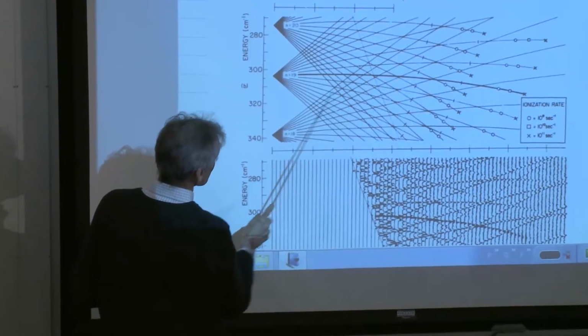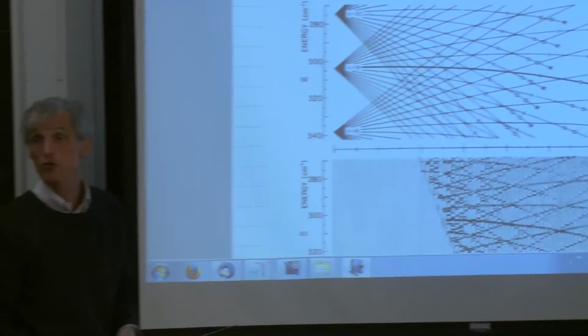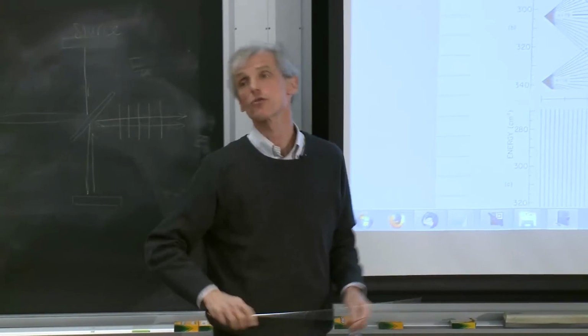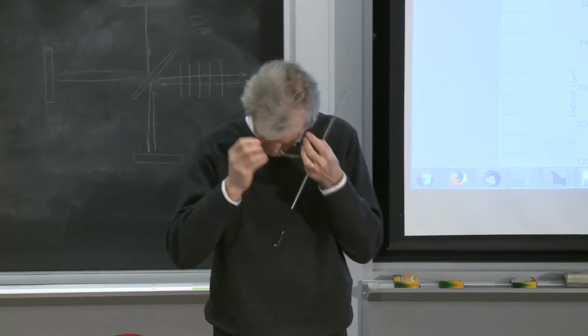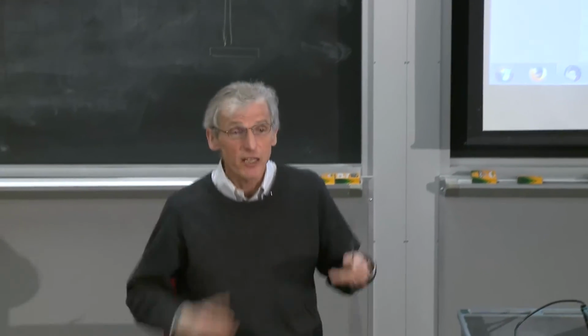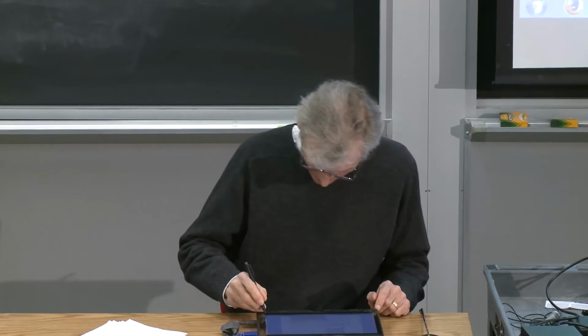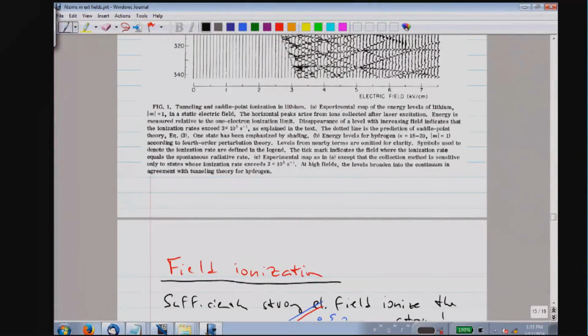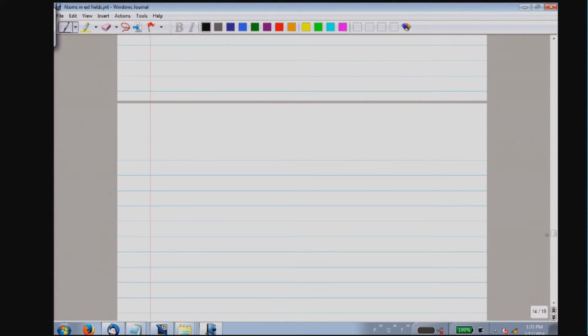But you also see those hydrogenic states which go upward in energy, and they refuse to ionize because of the symmetry of parabolic coordinates and the things I've mentioned. Anyway, it's too special to spend more time on in class, but I think you should at least know qualitatively what is different for hydrogen.